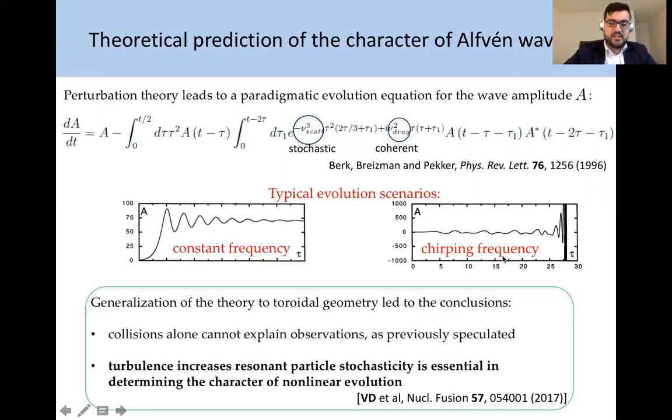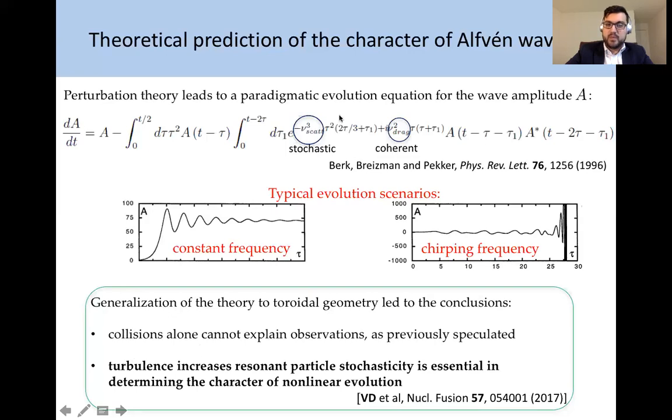So what the thesis did was to generalize this theory to toroidal geometry, so basically for a tokamak. And after many frustrations and a lot of work, what we realized is that, contrary to previous speculation from the community, collisions alone cannot explain the observation.